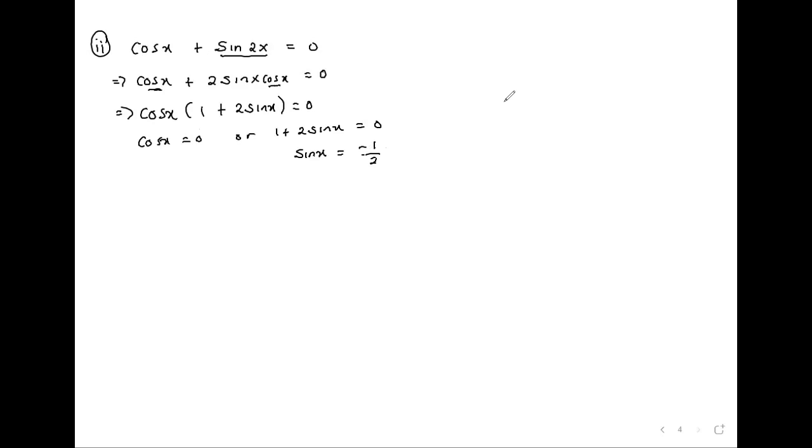The compound identity is sine A plus B is sine A cos B plus sine B cos A. And so if I'm dealing with the same thing, if it's x plus x, I'll have sine x cos x plus sine x cos x.